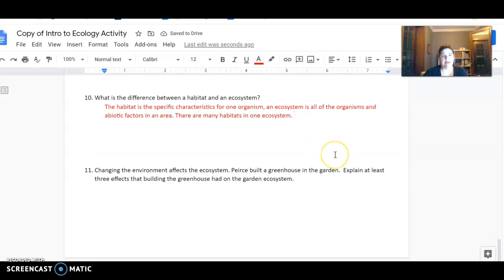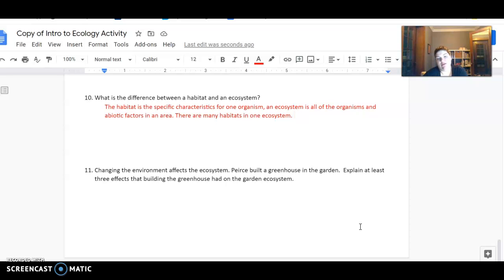All right, and I'm almost out of time, but the changing environment or the effects in an ecosystem. If you are to build a greenhouse, you're going to be removing some habitat space for some organisms when you're also building some habitat space for other organisms. So organisms that would burrow underneath of a greenhouse are going to have that added benefit.